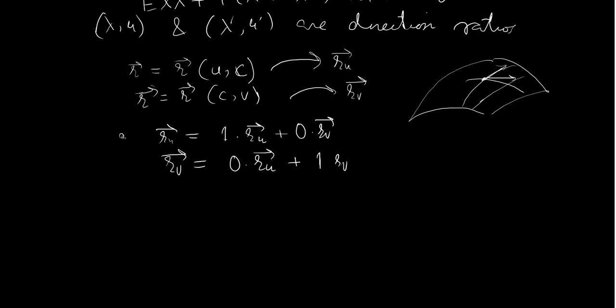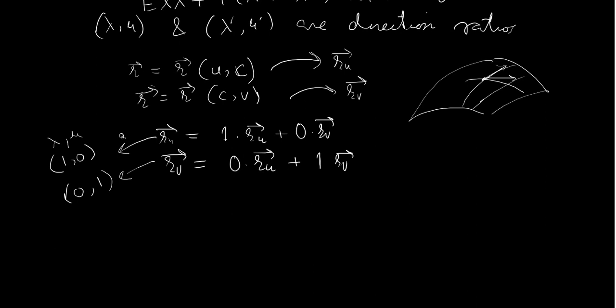So the direction ratios of this are 1, 0, and the direction ratios of the other parametric direction are 0, 1, right? And if I want to evaluate the direction coefficients of these two directions, I just have to divide by the magnitude of the vector.